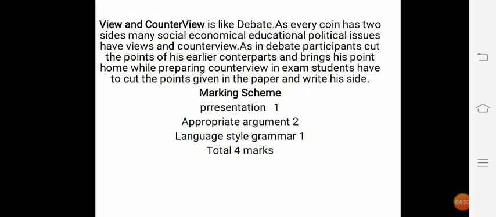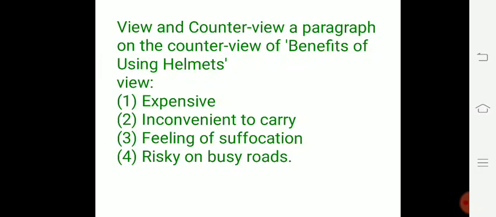Okay, now how to develop a counter view? What exactly do we have to do while writing a counter view section? You will be given a few points on a particular topic. Here I want to show you: view and counter view, a paragraph on the counter view of benefits of using helmets.